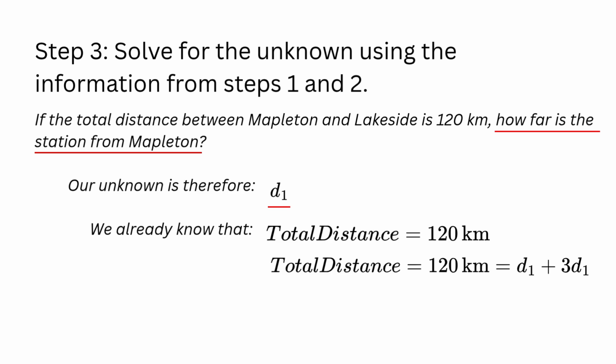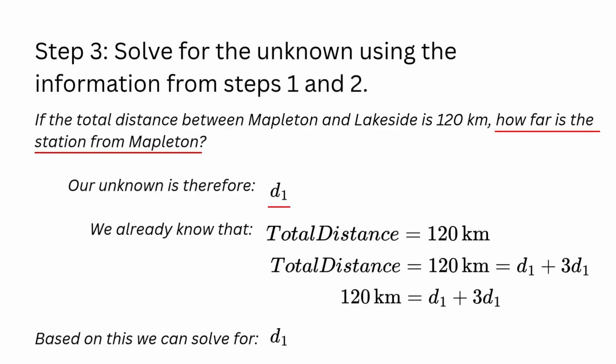Now, if we were to simplify this even further, we get 120 kilometers equal to d1 plus 3 times d1. So based on all that, all we need to do to find d1 is to solve for it in this equation here, which corresponds to what they're asking us to do, which is the distance from the station to Mapleton.